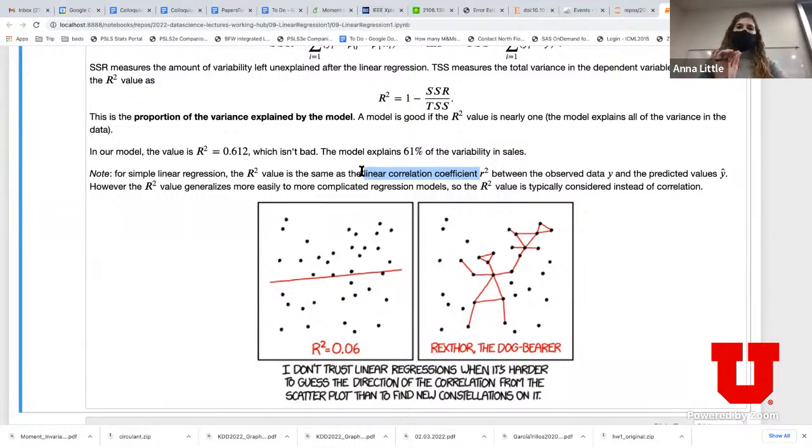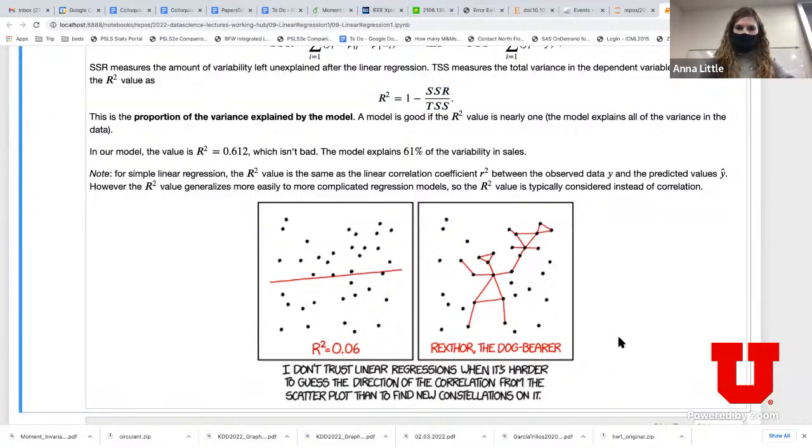The only reason we differentiate the notation here is that it's not exactly the same thing as we talk about more complicated models. As we add more variables in, it becomes more convenient to think of it this way, as the proportion of the variance explained by the model.